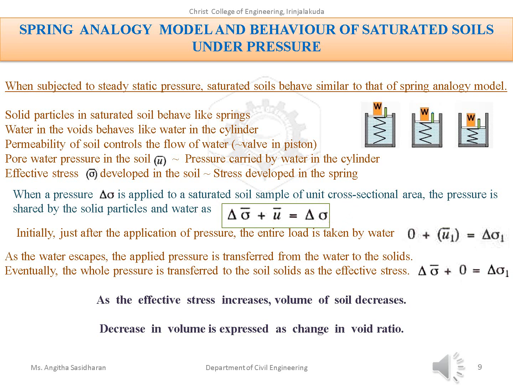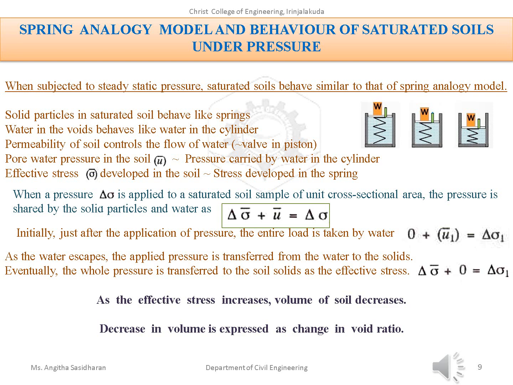That's all. So initially, just after the application of pressure, the entire load is taken by water. So what will be the equation? There is no load taken by the soil, so the effective stress will be 0, and the entire load is taken by water, which will be equal to the total pressure. This is the first pressure, and that is why it is marked as 1.